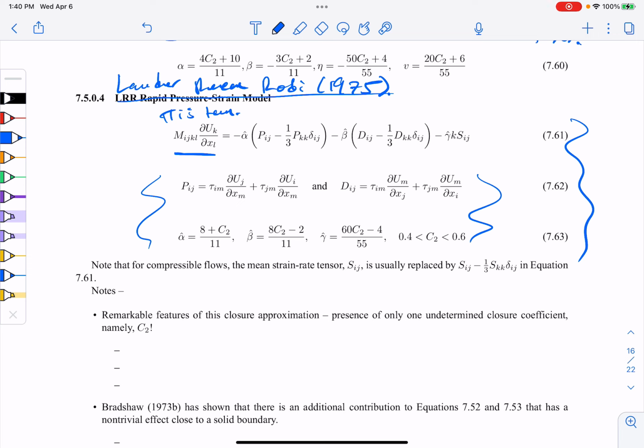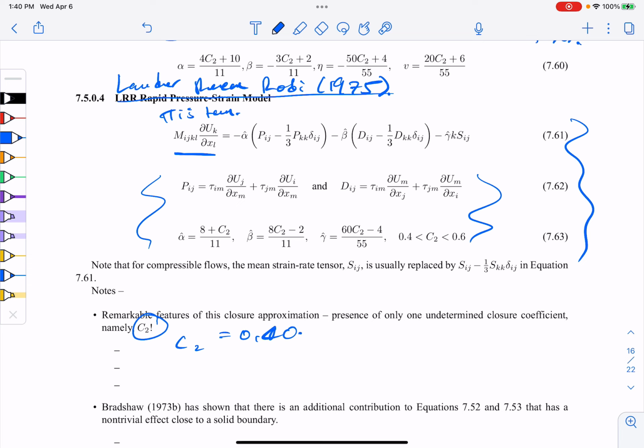So as I mentioned, the amazing thing about this model is there's only one real closure coefficient for the terms in the rapid pressure term of pi_ij. The value of C2 is found by comparing with experiments for homogeneous isotropic turbulence, and in their original paper they suggest a value of C2 of 0.40.